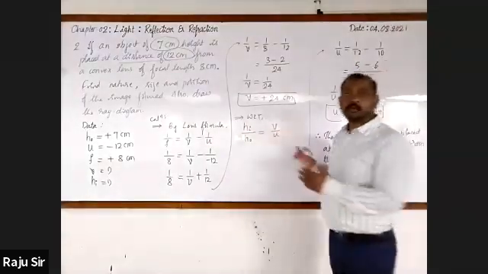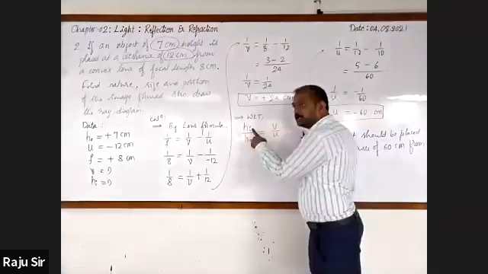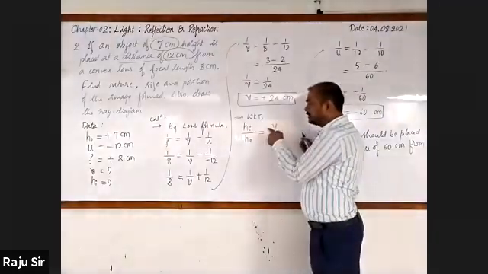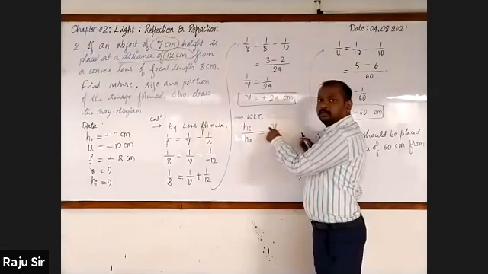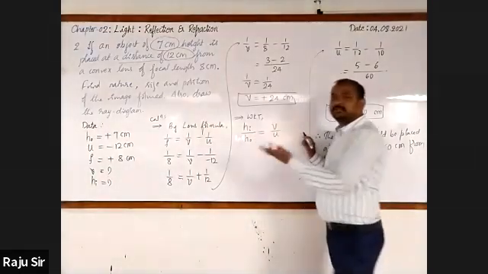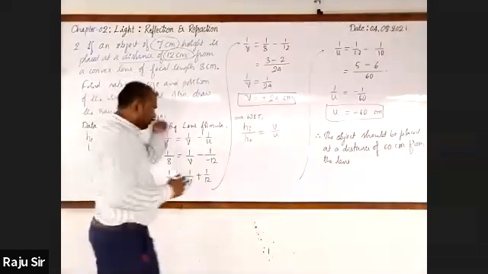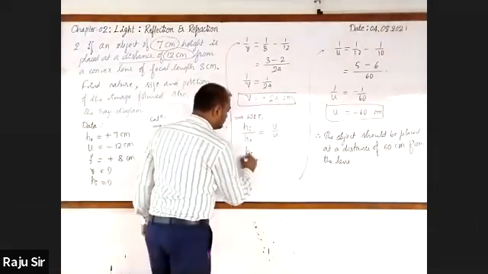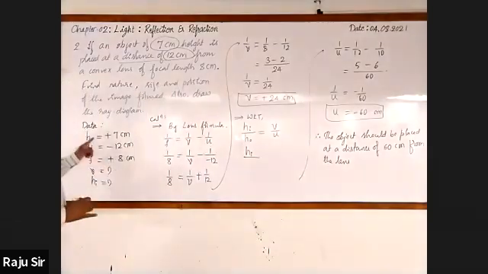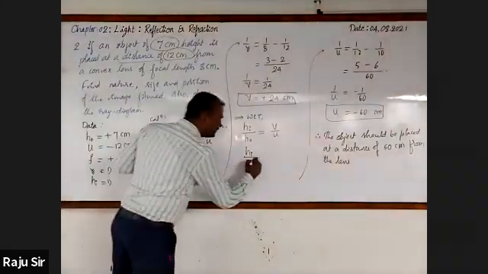As we are going to find the size of the image, let us use this. The reason is you know v, u as well as h naught, all three terms are known. Let us find hi by h naught. Height of the object is positive 7.